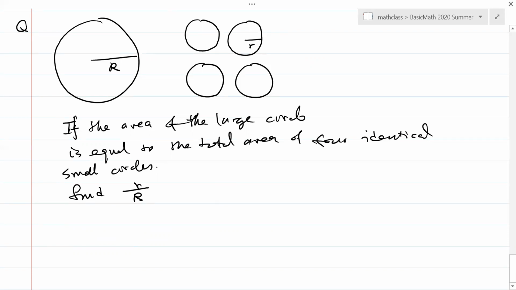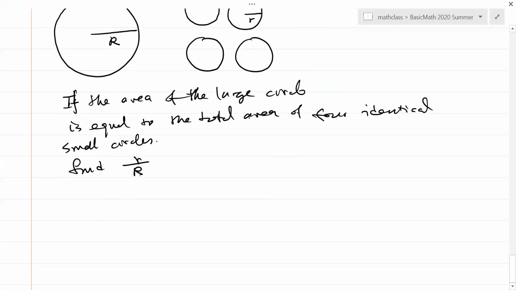So what's the answer? Anyone have answers?